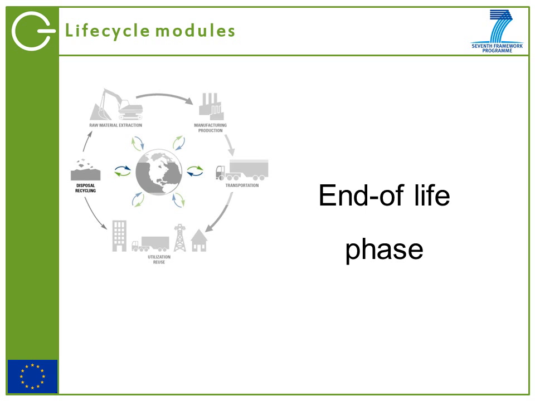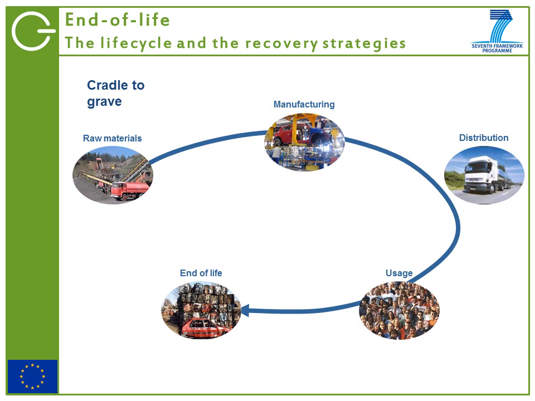After use, the product enters the final phase of its life cycle, end of life. Considering end of life during design is crucial because the product shape, material composition and structure have a major influence on the performance of end of life. There are 3 ways to recover a product at its end of life in order to close the loop of the product life cycle.